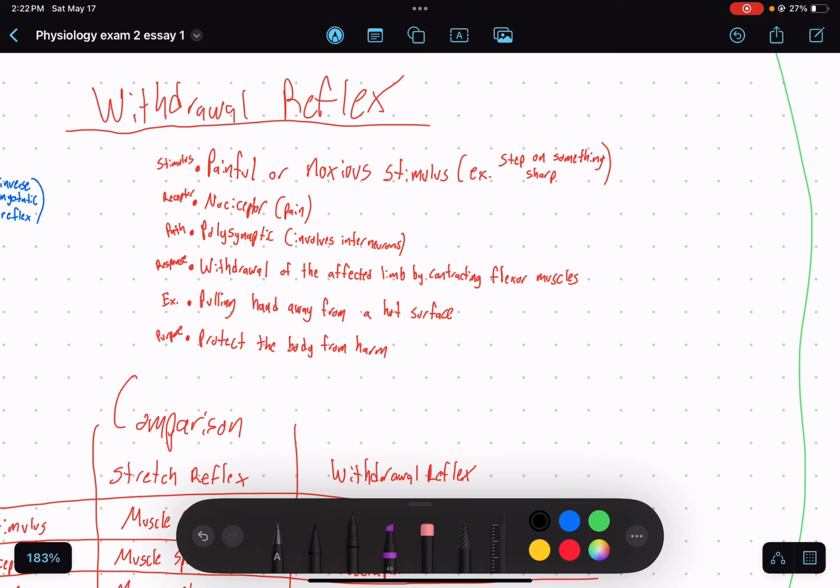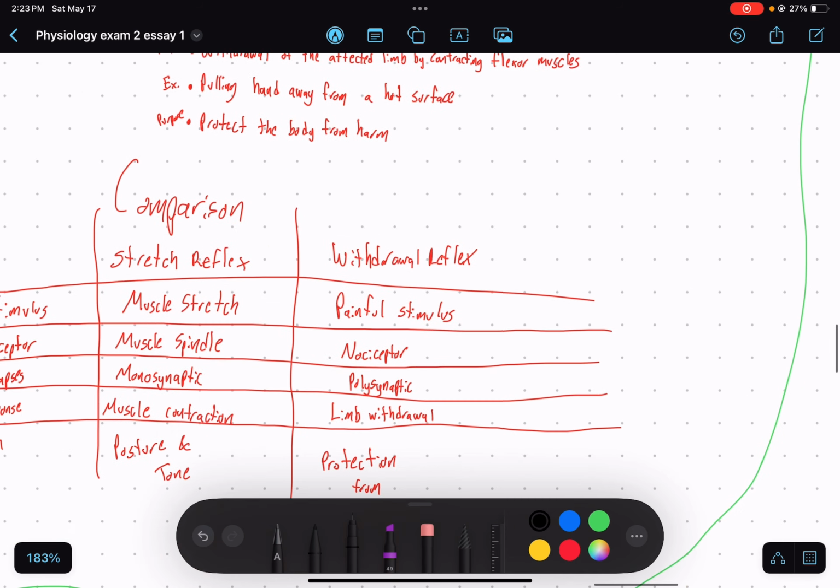The response is the withdrawal of the affected limb by contracting flexor muscles. An example is pulling your hand away from a hot surface, pulling your hand away from being poked by a needle, or stepping on something sharp, or for all those dads in the room, stepping on Legos. They just protect the body from harm.